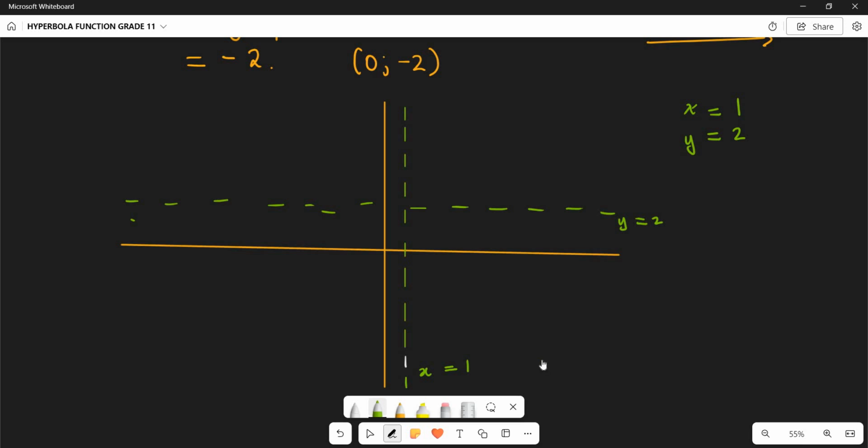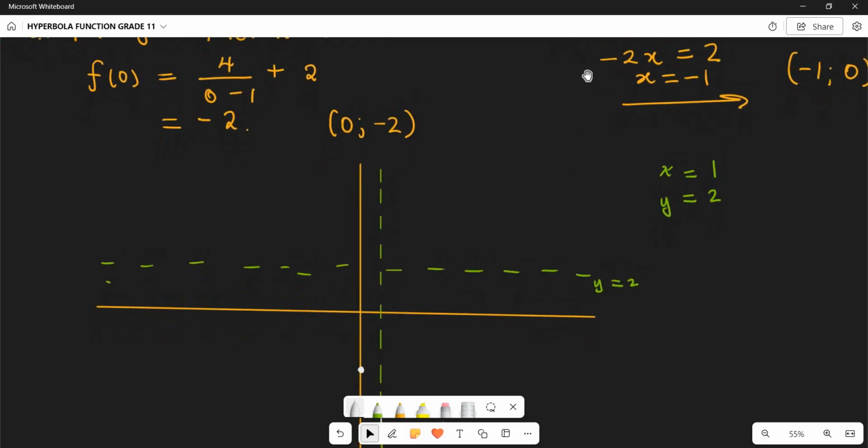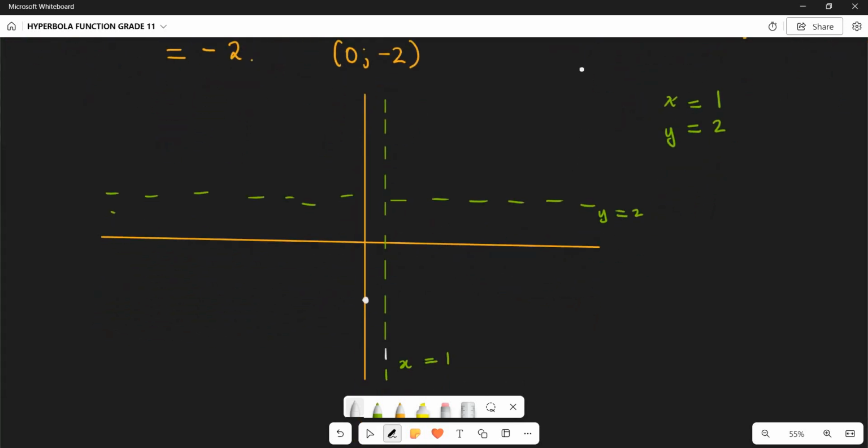So let me have my y equals -2 here, the y-intercept. The x-intercept, you said, is -1 and 0, so therefore it will be here. All right, so with those 2 points, we can get a direction of how our graph would look.